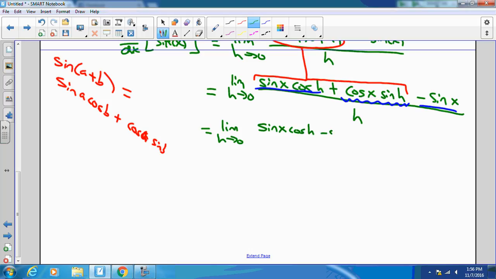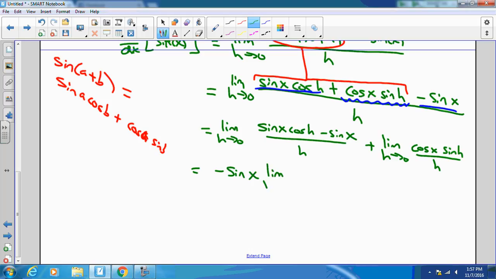In particular, I can break this up as sine x cosine h minus sine x all over h. And here I'm using the sum rule for limits. Good basic algebra. But now something wonderful happens. I'm going to factor out that common factor of sine x. In fact, to be clever, I'm going to factor out a factor of negative sine x.